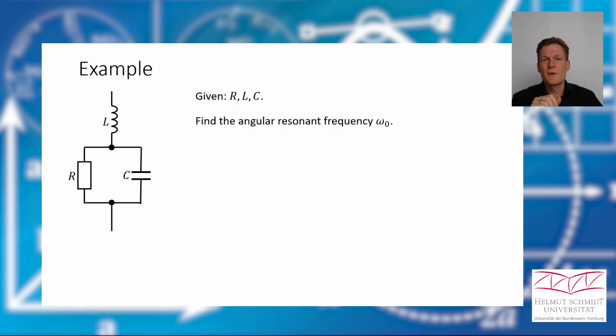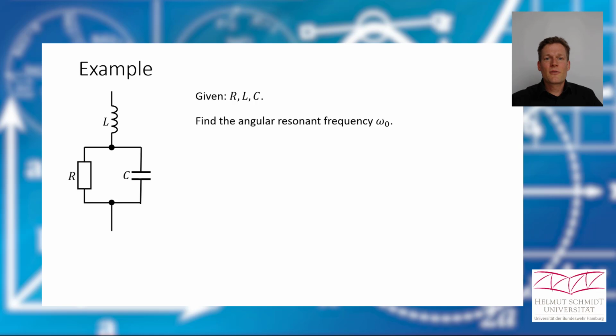That is correct if we have a pure series resonance circuit or a pure parallel resonance circuit. And in the end of this lecture, I will show you an example where we will get another result, just to give you the impression how to deal with resonance circuits.